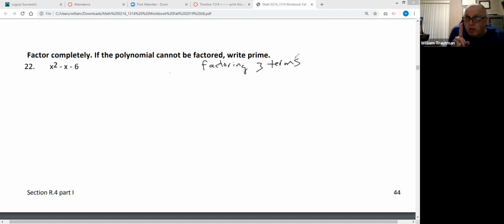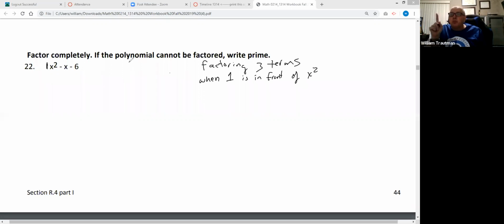And it's really important because tomorrow we're going to learn how to factor 3 terms another way, but this is factoring 3 terms when the number 1 is in front of the x square. Do you see there's an invisible 1 here? These are the steps. And they're pretty easy.